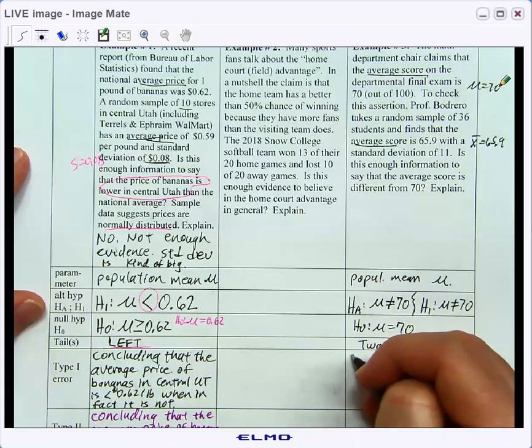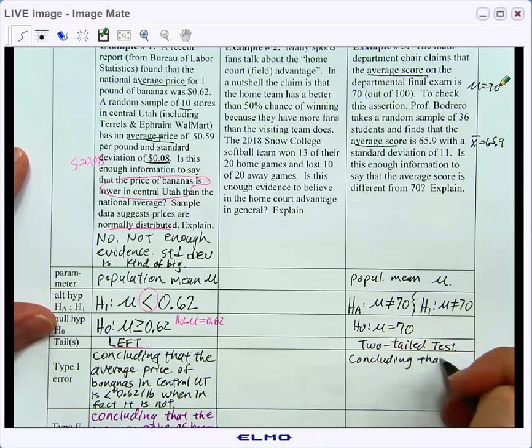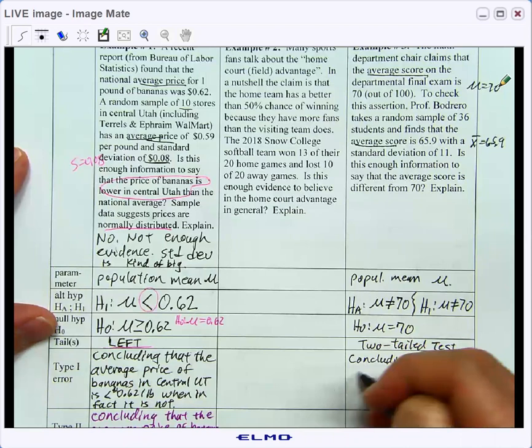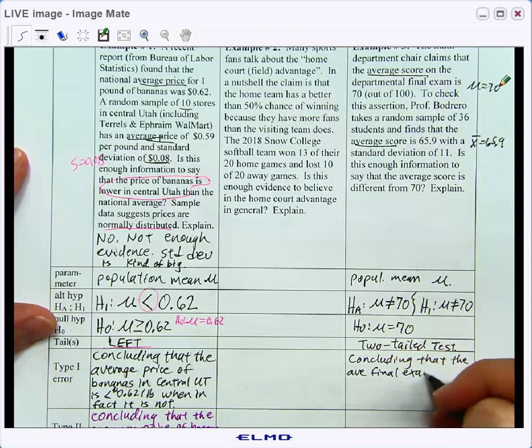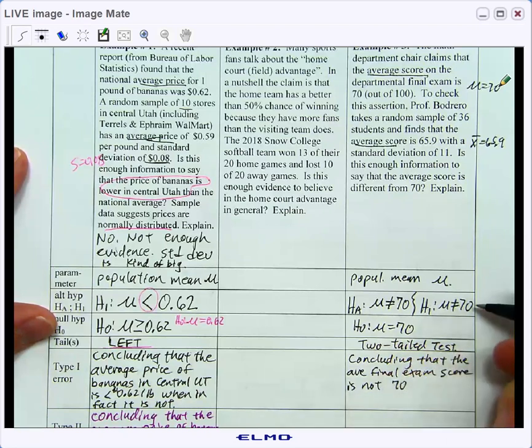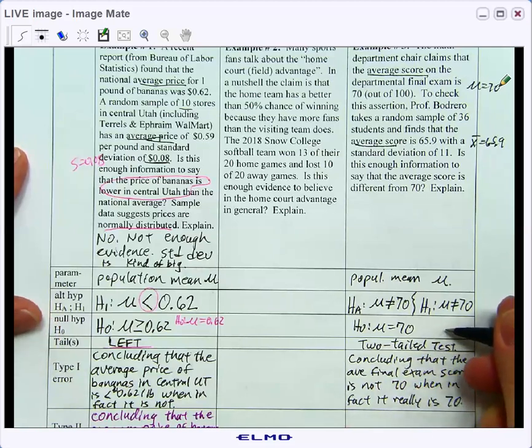So in this case, a type 1 error would be concluding that the average final exam score is not 70, going with our alternate hypothesis, our guilty verdict, when in fact it really is 70, which was our null hypothesis, our default assumption.